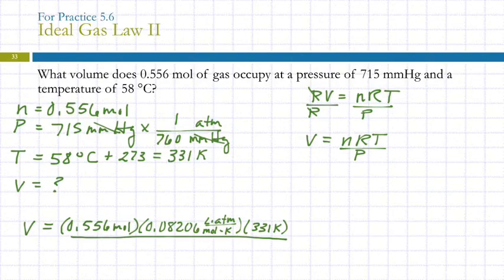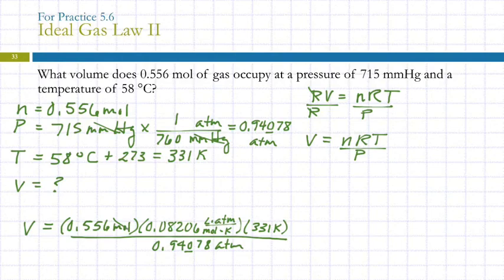So 715 divided by 760. 715 has 3 significant figures, so this result has 3 significant figures, 0.940, and then I want to write down 2 extra digits to avoid rounding errors. So my pressure in the bottom is 0.94078 atmospheres.